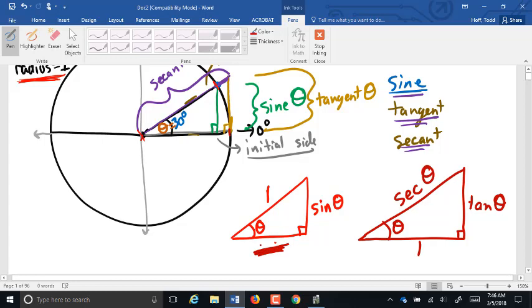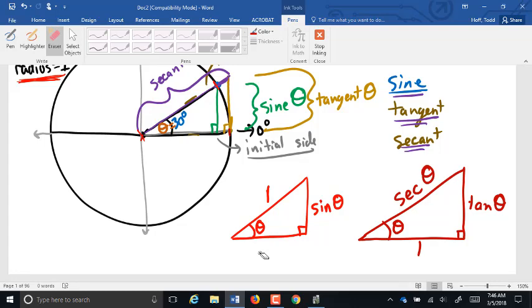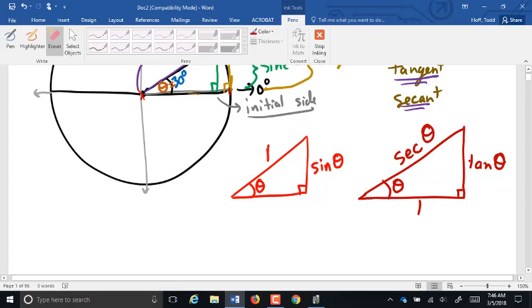Well, I said these are our three main trig functions: sine, secant, and tangent. But if you look at your calculator, what does your calculator have? Cosine. So where does that cosine thingy come from? Cosine is actually a prefix in a main word. It is co-sine.